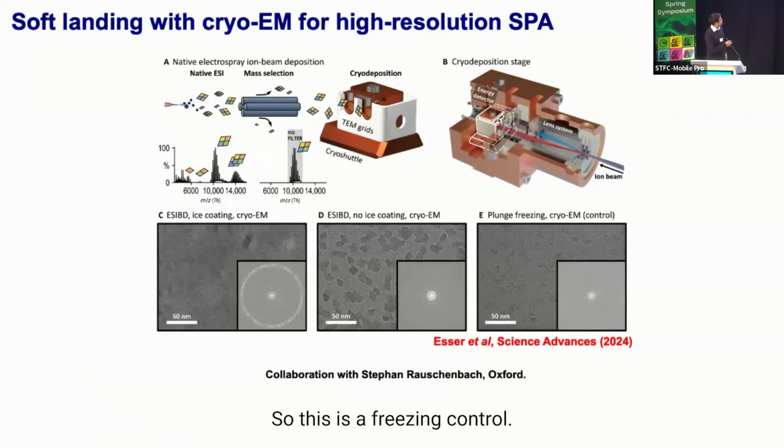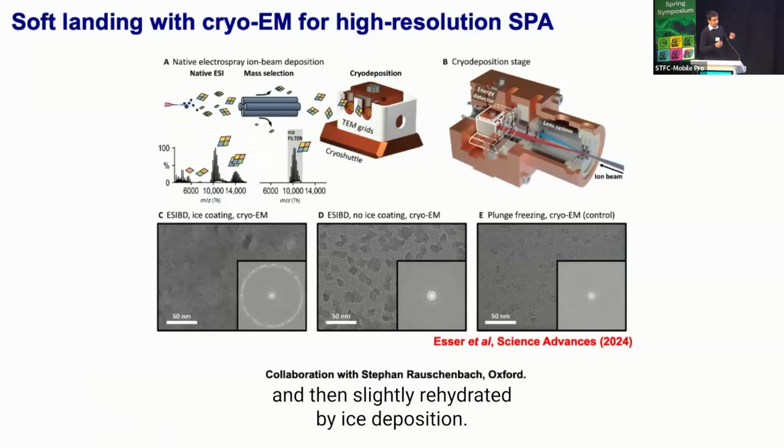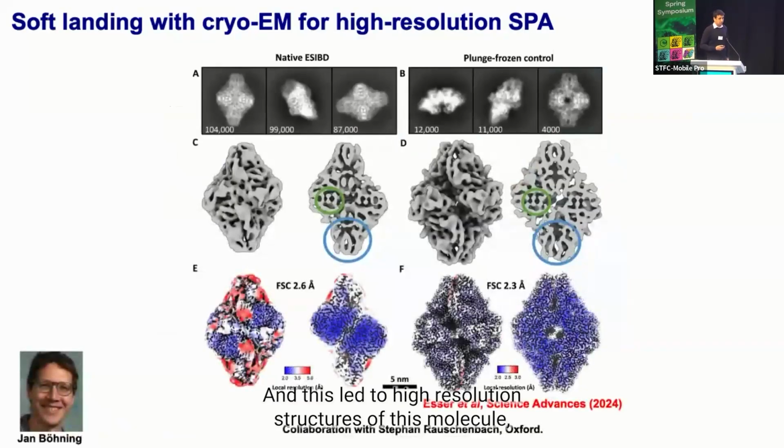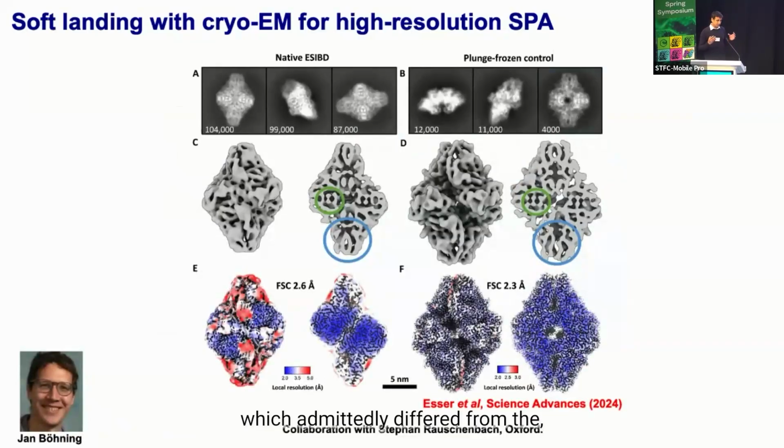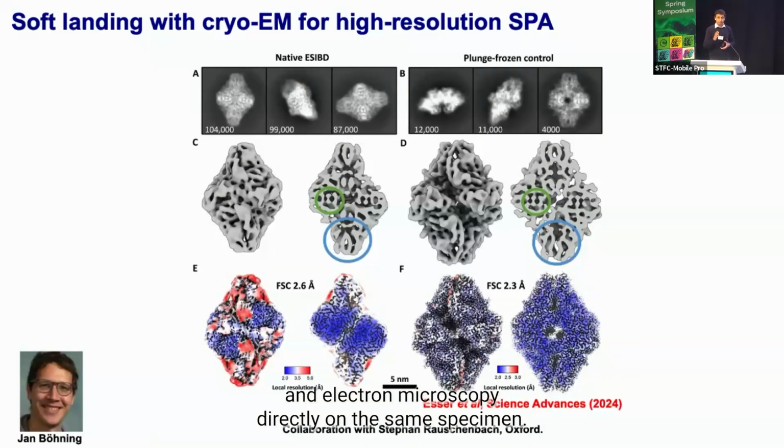So this is a plunge freezing control. This is the sample that has been deposited on a cold grid and then slightly rehydrated by ice deposition. It looks like that. And this led to high resolution structures of this molecule, which admittedly differed from the solution structure that you would get from standard cryo-EM, but is a powerful demonstration of how we can combine mass spectrometry and electron microscopy directly on the same specimen.